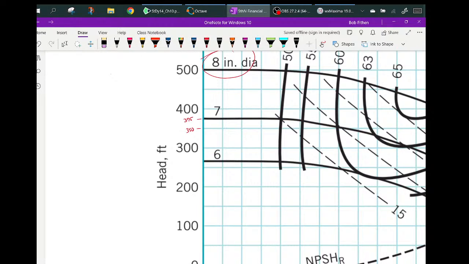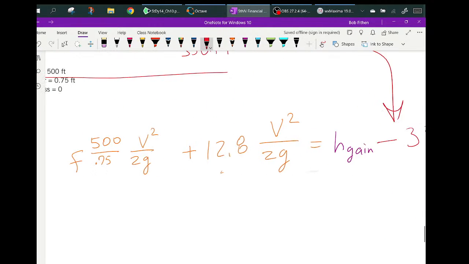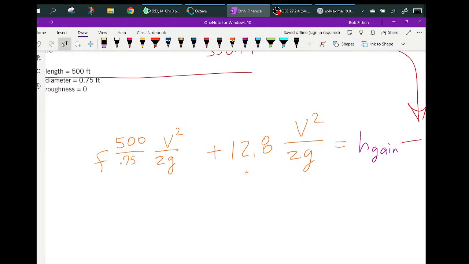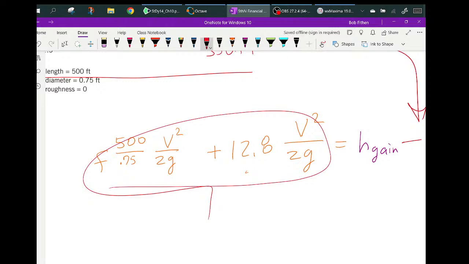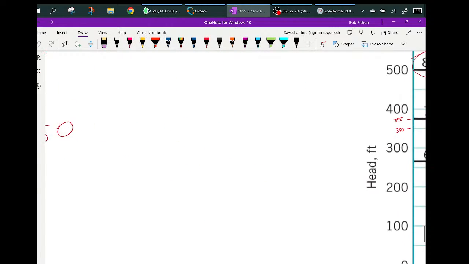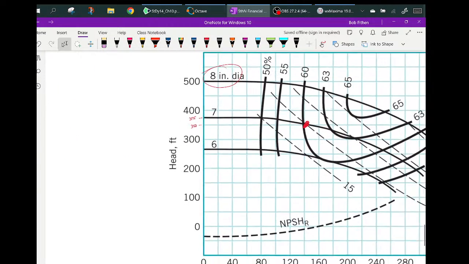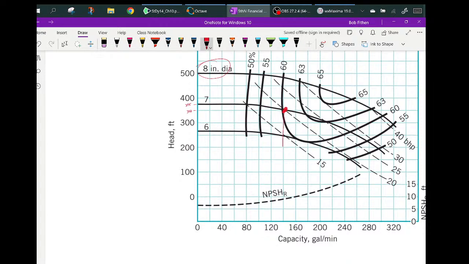Eventually, it'll drop to the point where it cannot supply more than 350 at that point. So if there were no losses, meaning that these terms here didn't exist, the best you could do is get yourself to about right here, and that's what you could get. But that's not what we have.